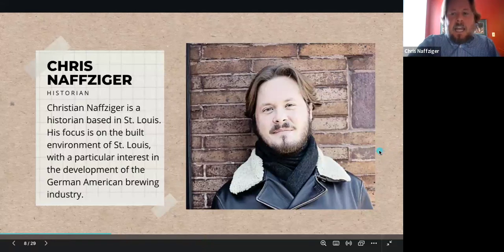Since moving back to St. Louis, where I grew up, I have become interested in the study of German-American brewing here, particularly the Lemp family, which you may or may not have heard of. My knowledge of German and German scripts and type fonts has really aided me considerably in my research.